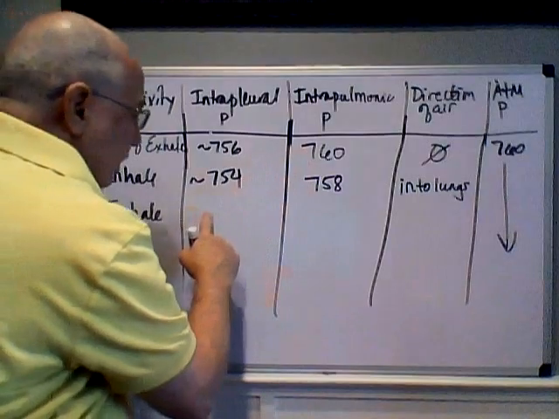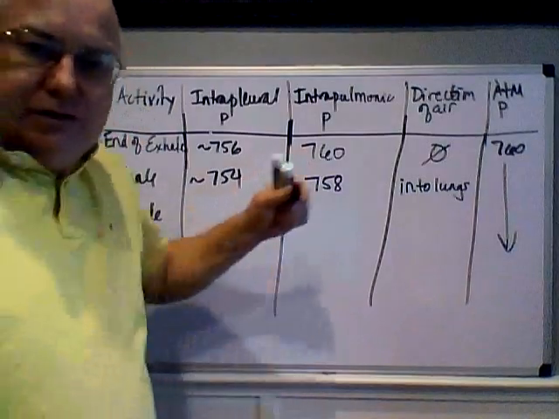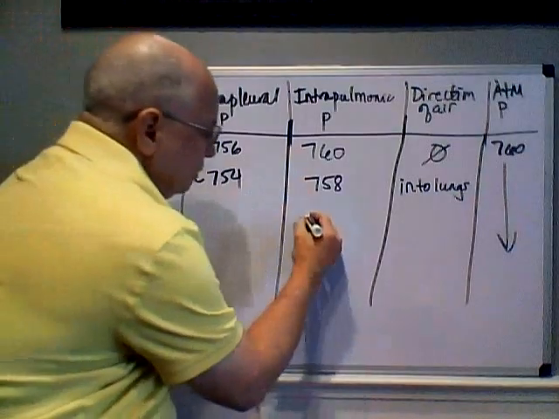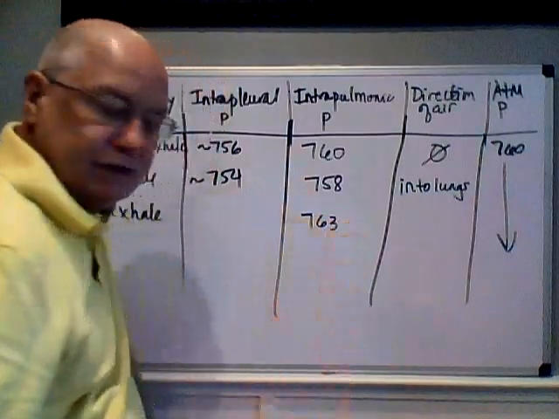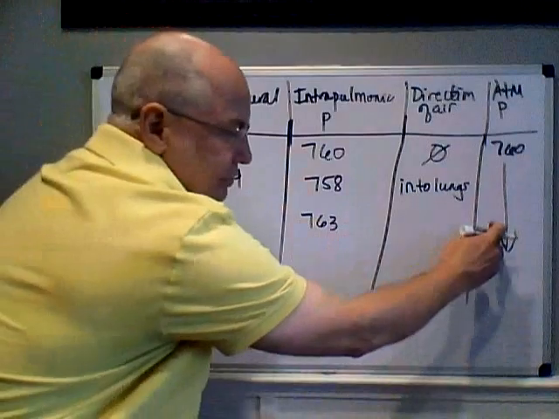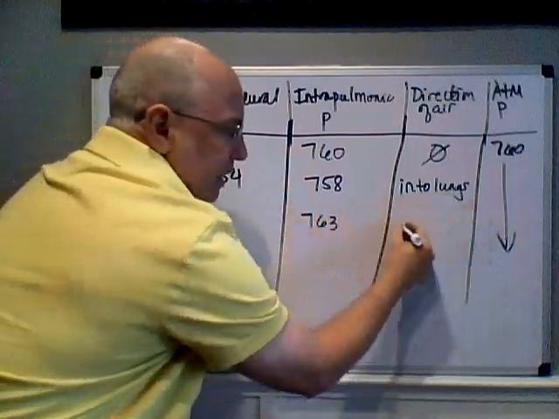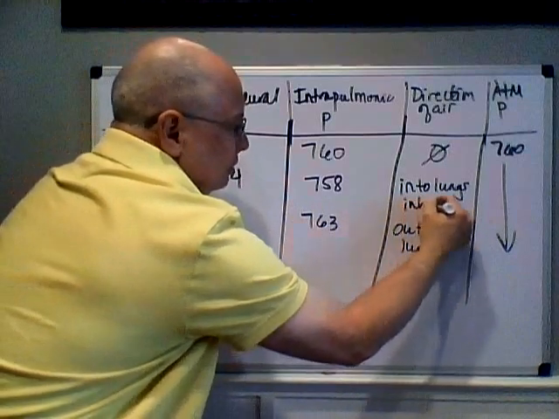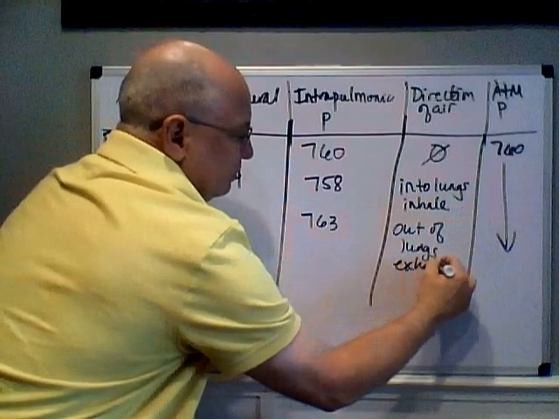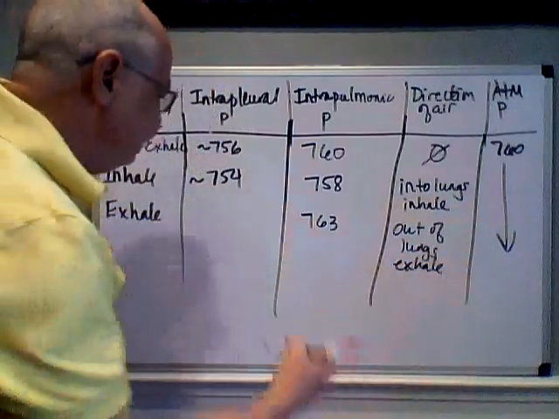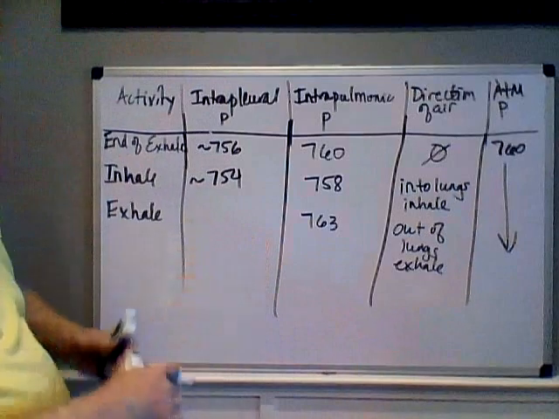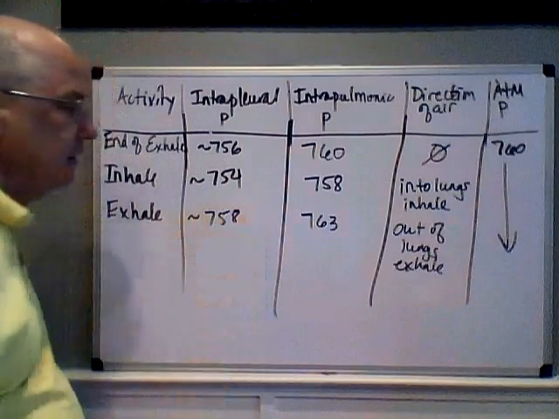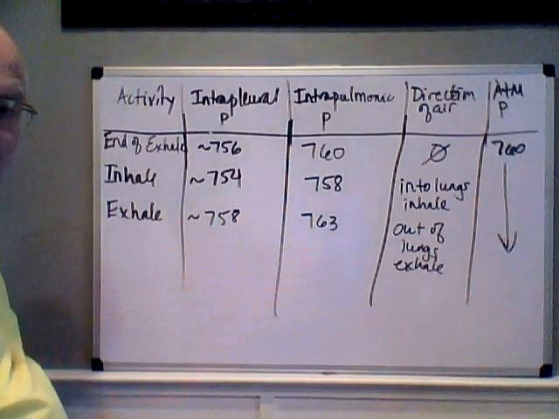Now, when I exhale, as all the muscles are collapsing down and pushing on the lungs, you notice that the pressure in here rises up to about 763 millimeters of mercury. Since this is 760, it's going to force the air out of the lungs. This is inhalation. This is exhalation. Right? Now, the pressure here, even though it goes up, it never raises too high. It never goes above intrapulmonic pressure.